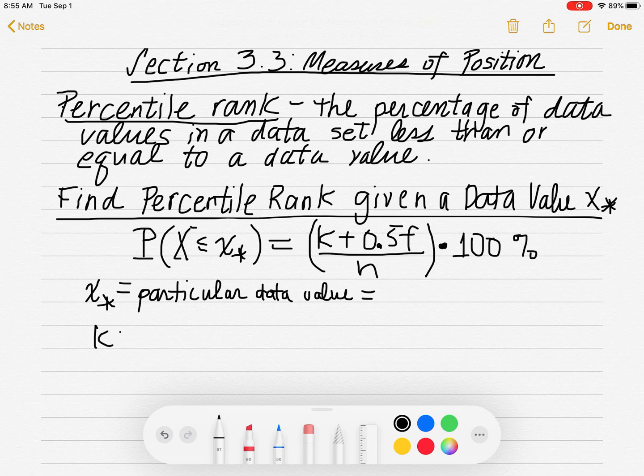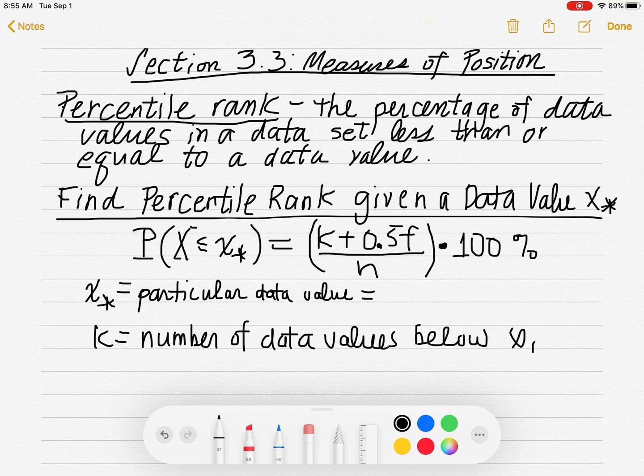So we have to tell you what K is here. K is going to be the number of data values below X star. Of course, you have to make sure everything's in order from the smallest to the largest when you're doing this.